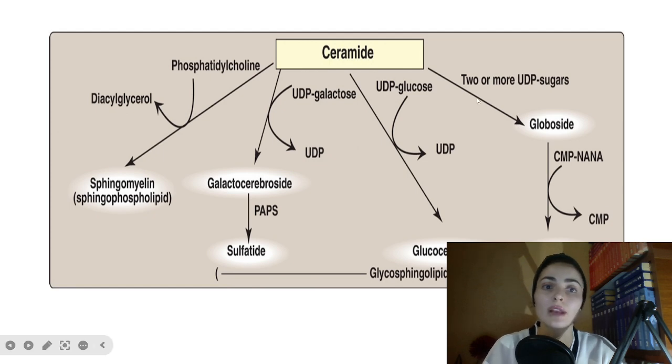It can be metabolized into sphingomyelin, galactocerebrosidase, which again metabolizes into sulfatides. Ceramide can be metabolized into glucocerebrosidase and also into glucoside, which is further metabolized into gangliosides. Then all of these substances need to be metabolized further, and if they are not, they accumulate and will cause different disorders. So let's go over them.